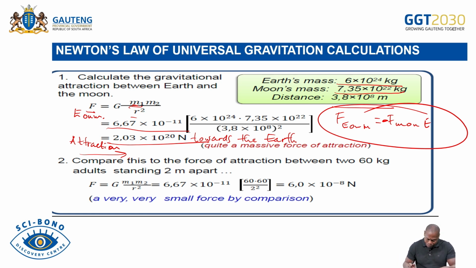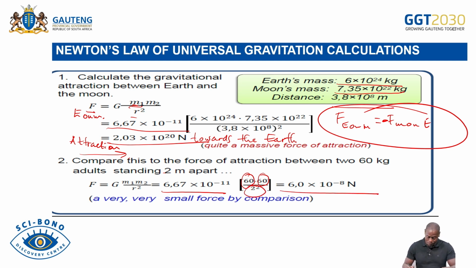G is 6.67 times 10 to the power negative 11. This is adult 1 with a mass of 60 kilograms, and adult 2 with a mass of 60 kilograms. The distance between their centers is 2 meters, but this should be 2 to the power 2 because of that r squared.